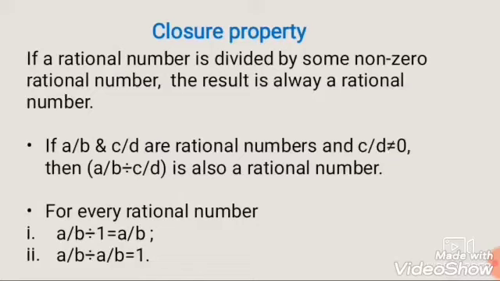If a by b and c by d are rational numbers, and c by d is not equal to 0, then a by b divided by c by d is also a rational number. For example, a by b divided by 1 is equal to a by b. We already know that. Likewise, when we take a by b divided by a by b, we get 1.